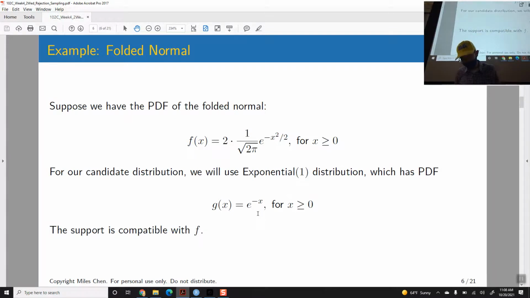The negative of the log of some random uniform value is going to follow an exponential distribution. So we could generate values from the exponential and use that to do rejection sampling with the folded normal. The support of the exponential is compatible with this. The question is, what is the constant m that I should use? We want to find the largest value of f divided by g.